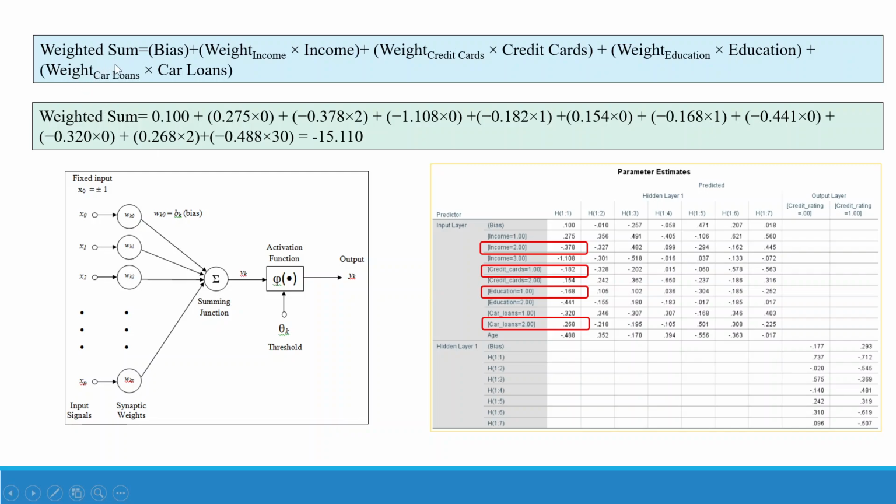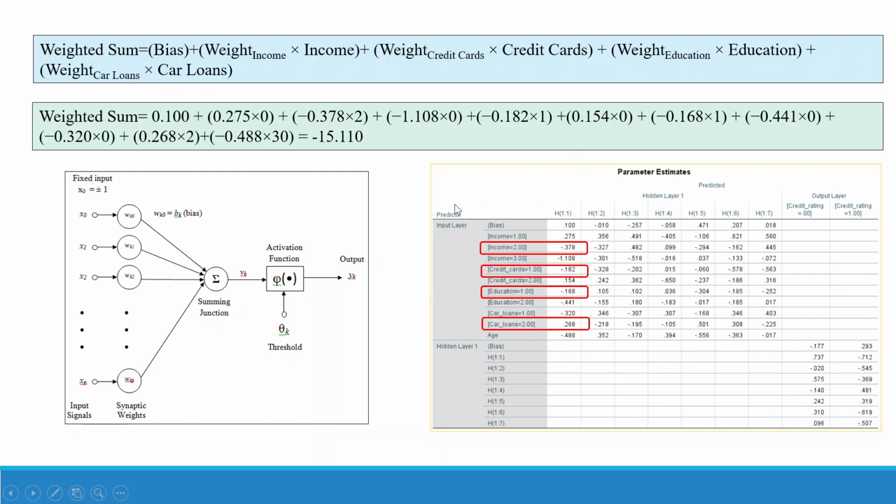So the weighted sum will be bias plus weight of the income into the category in which it falls, plus weight of the credit card into credit cards, plus weight of education into education, plus weight of car loans into car loans.